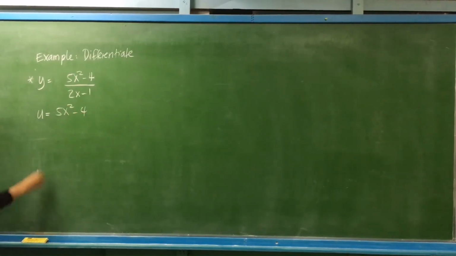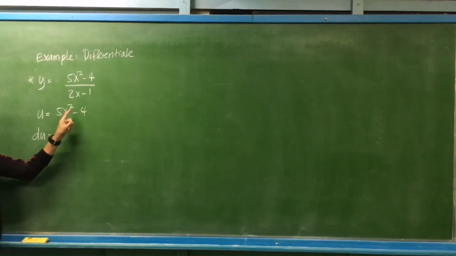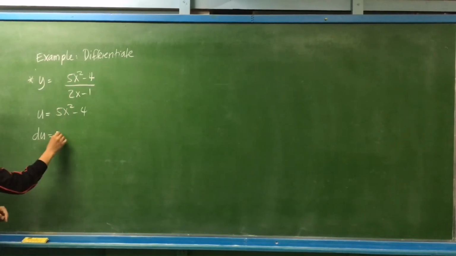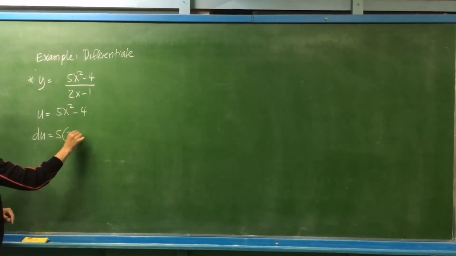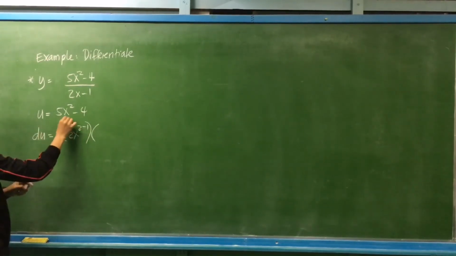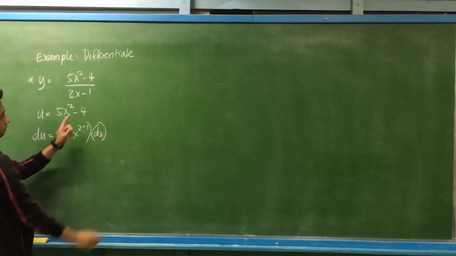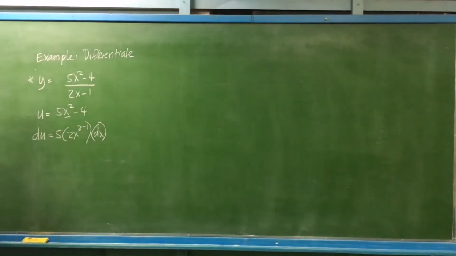What will be the derivative of your numerator? Our du, we may apply the power rule, bring down the exponent. That is 5 times 2x, the exponent minus 1, multiplied by the derivative of your base x, that is dx. The derivative of 4, which is a constant, is 0.